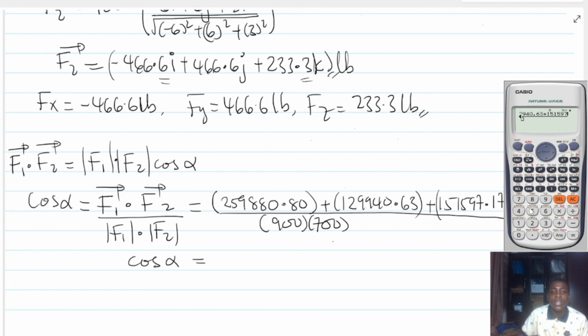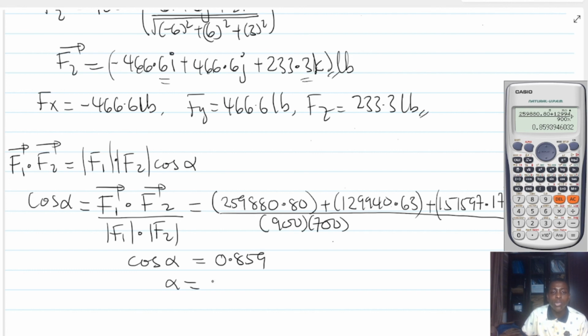That's right. And I will divide this by 900 multiplied by 700. And the answer I'm getting is 0.859.